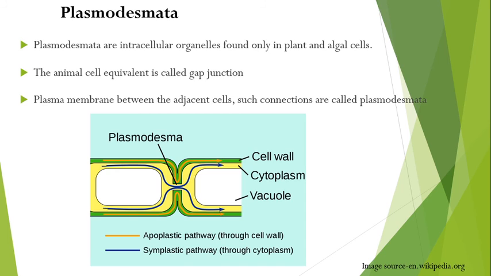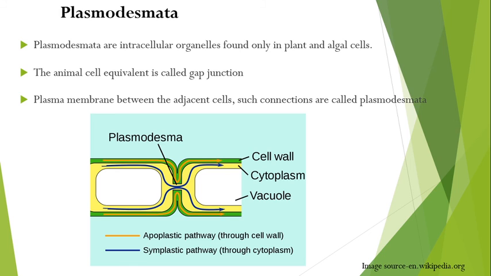The animal cell equivalent is called the gap junctions. The plasma membrane between the adjacent cells and such connections are called plasmodesmata. In the diagram, here are the cell wall, cytoplasm and vacuoles.